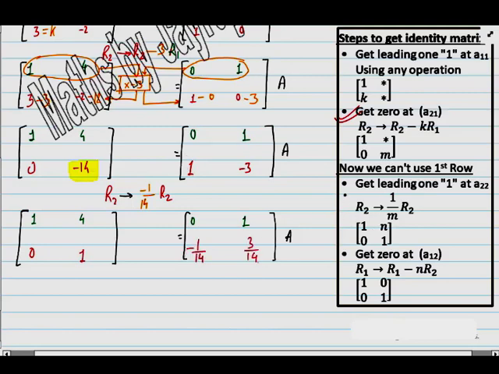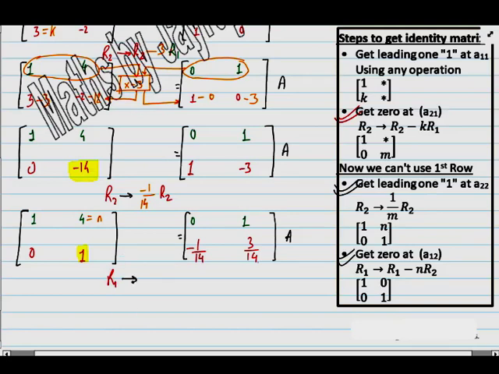Third step is also completed. We get leading one as well as the value of n, which will be useful in the next step to get 0 at a12 point.